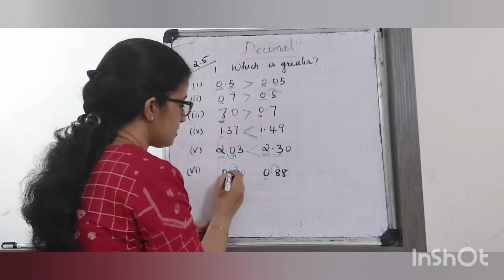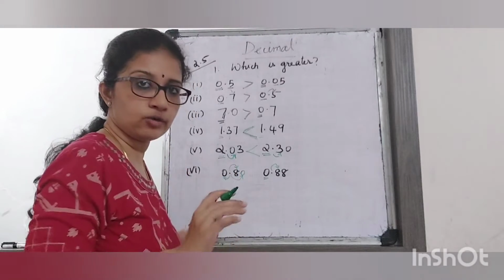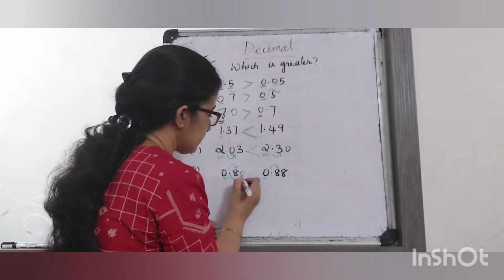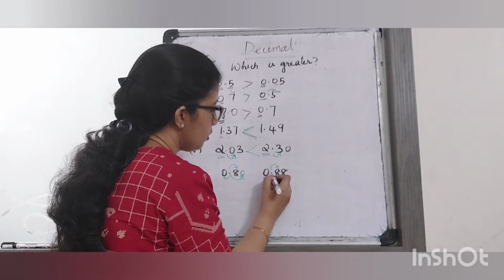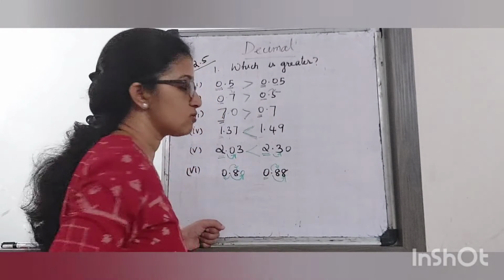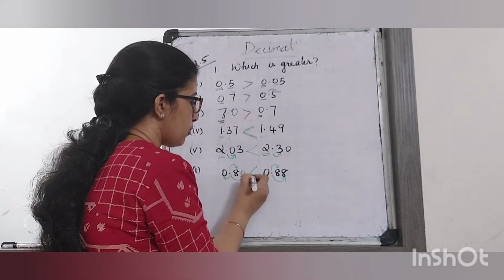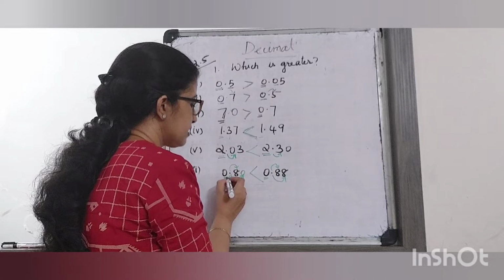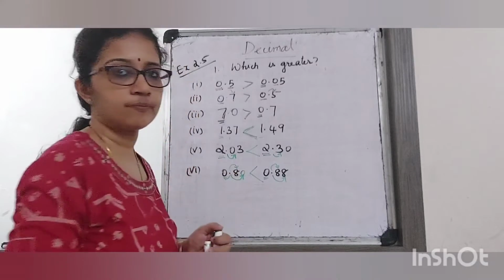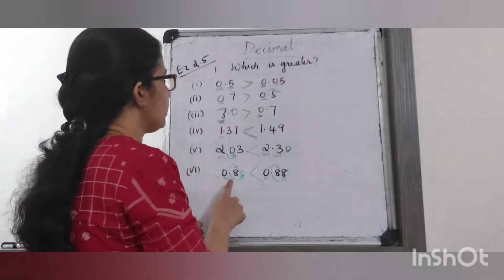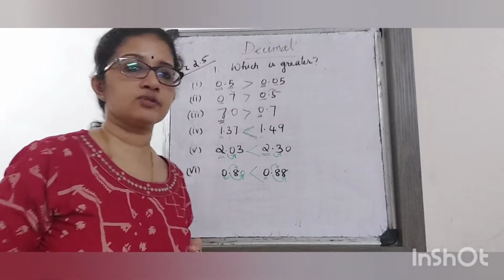Here it is 0, here it is 8. So 8 is greater than 0. So 0.88 is greater than 0.80. Clear with this? Okay, now let's move on to the next question.